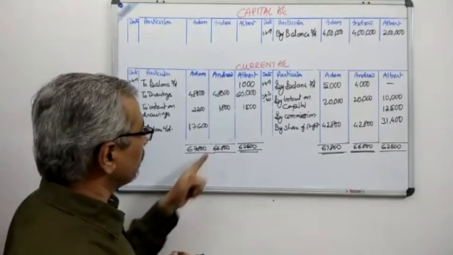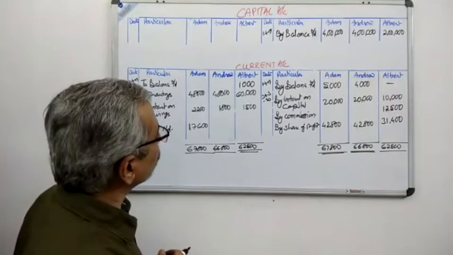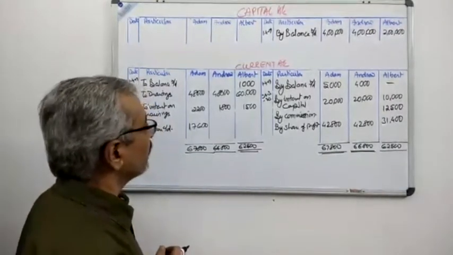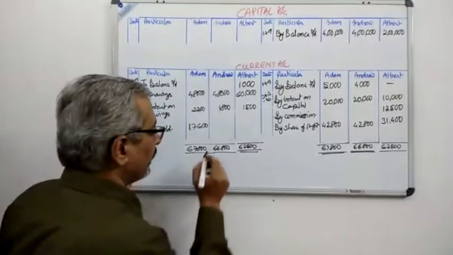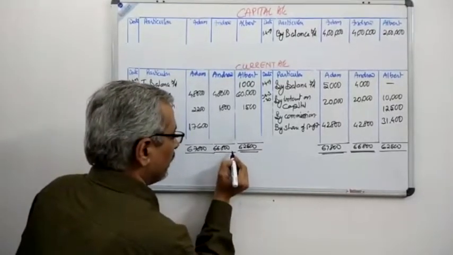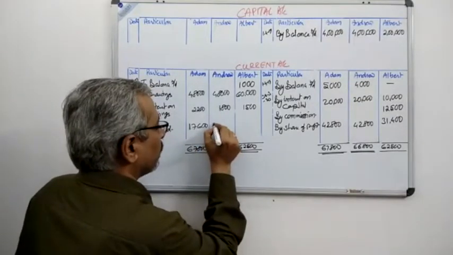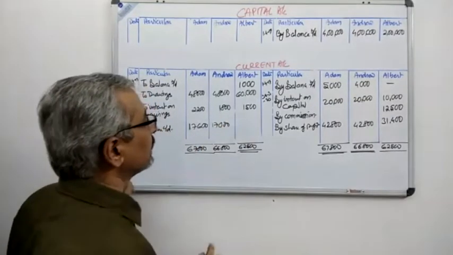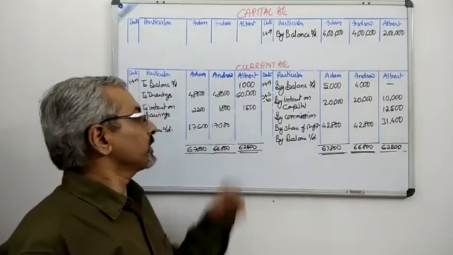Now let us see the balance of this. We have over here 48,000 and 1,800. That is 49,800. Okay, 49,800 minus 16,800. If you subtract very carefully, you end up with the figure of 17,000. Now let us see for Albert.